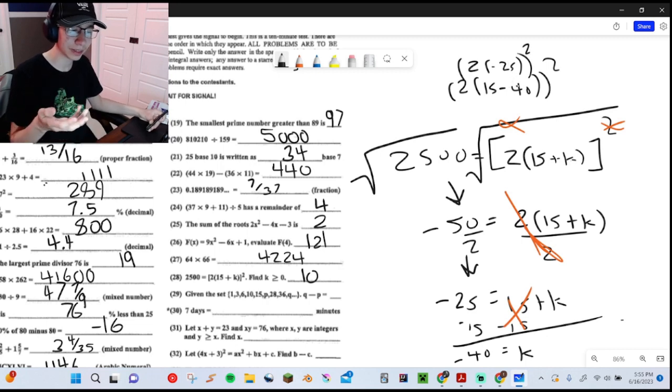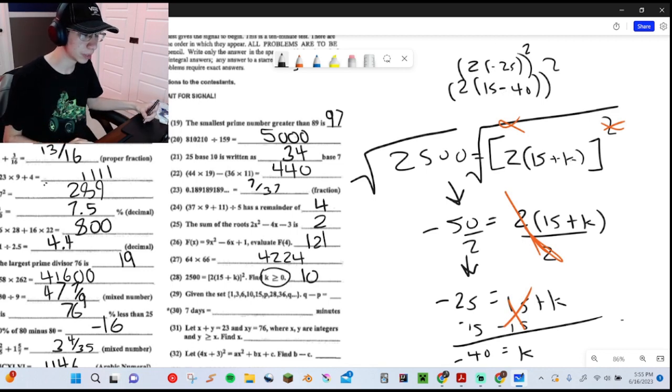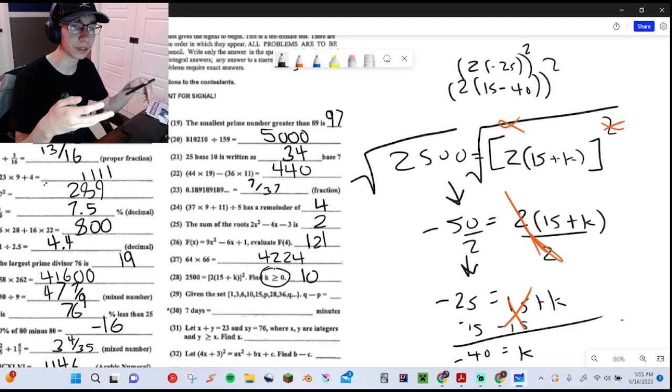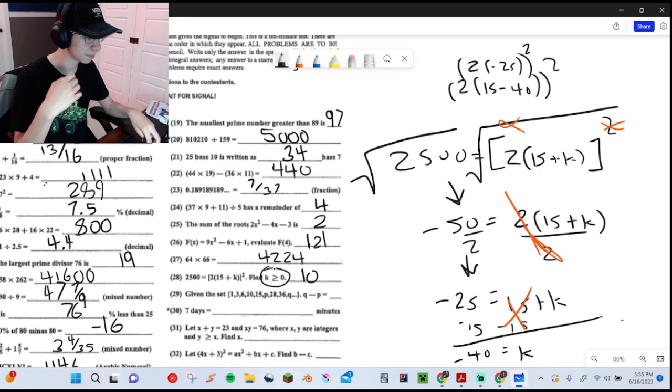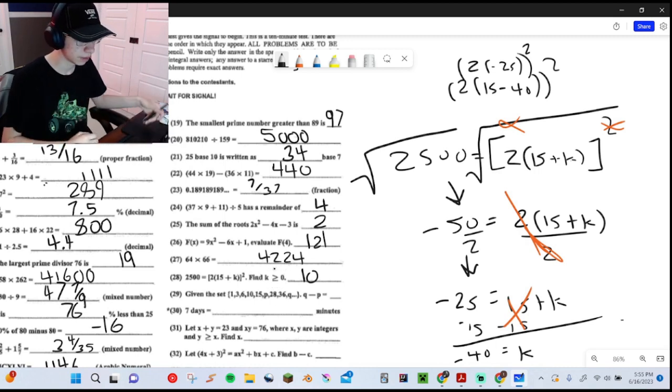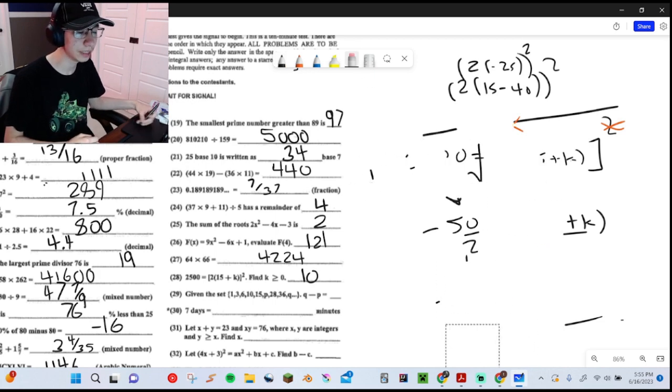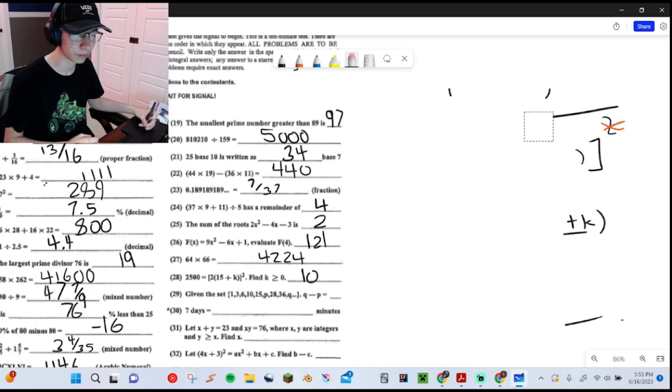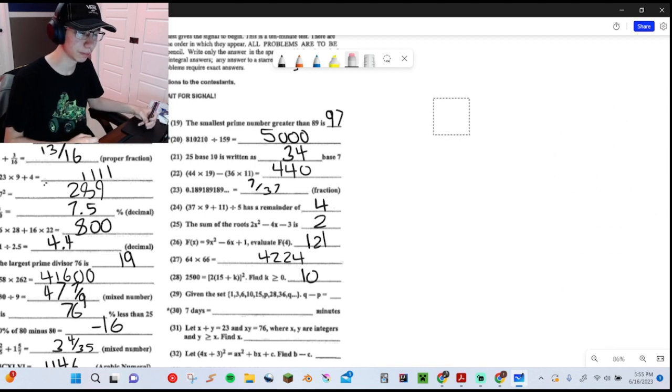Since negative 50 squared also gives me 2500. So you gotta be careful for what it's asking for. You want the k above 0 or the k less than 0. Because there are two solutions, so be careful. That's a pretty quick one. No tricks to it, really.